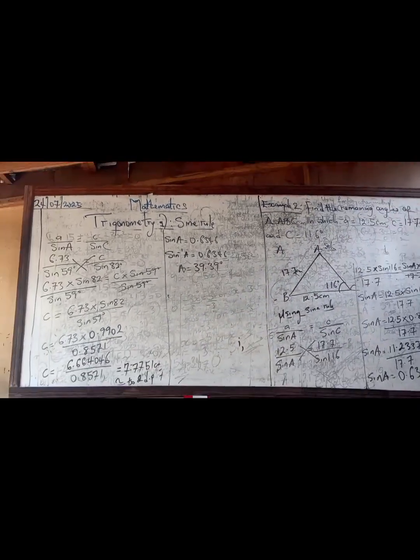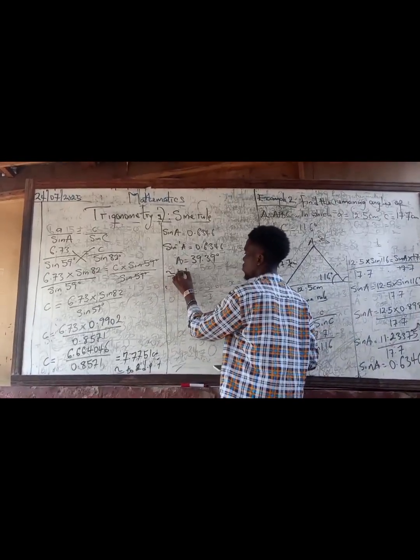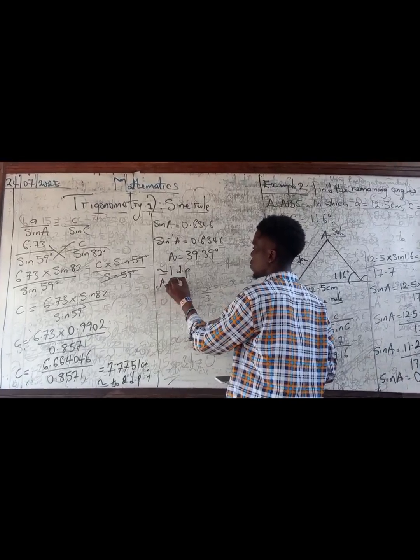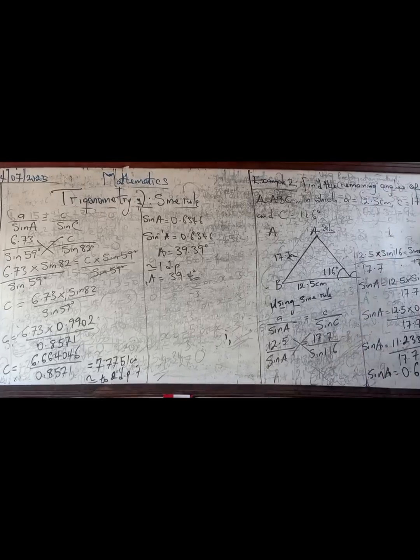For the sake of simplification, we reduce this to 1 decimal place. So we have that A is equal to 39.4 degrees. So that is the angle A.